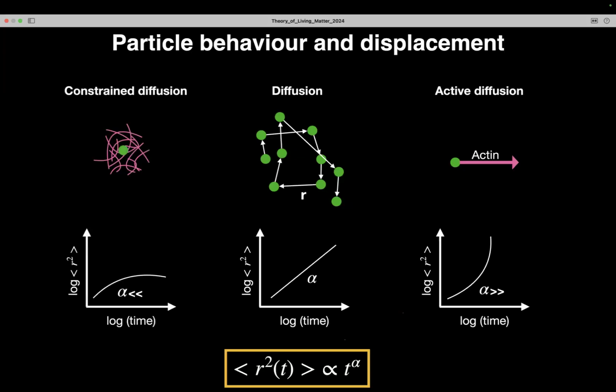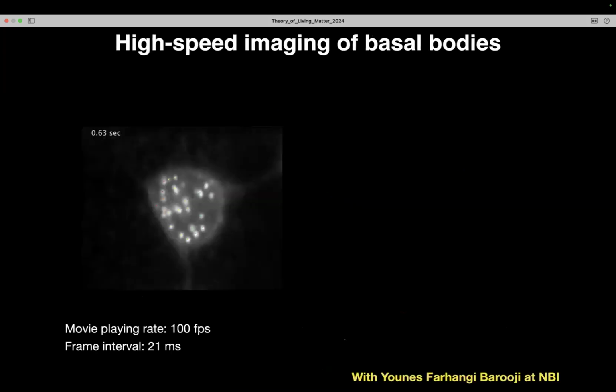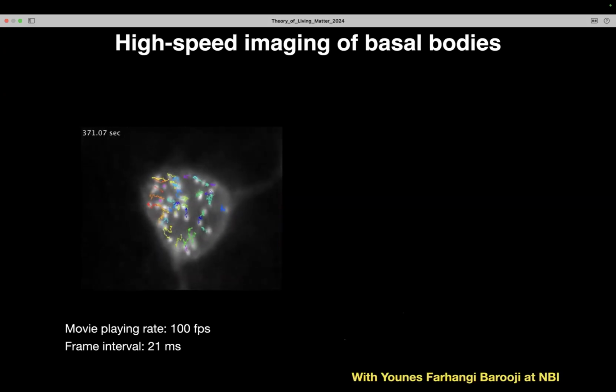And if the slope is lower than 1, this would suggest that the basal bodies are in fact constrained within the actin network. Specifically, what we did here was image the movement of basal bodies within the apical domain with a very high temporal resolution.